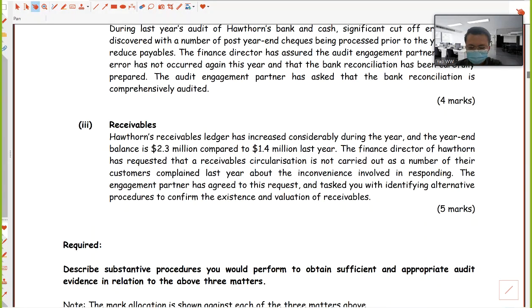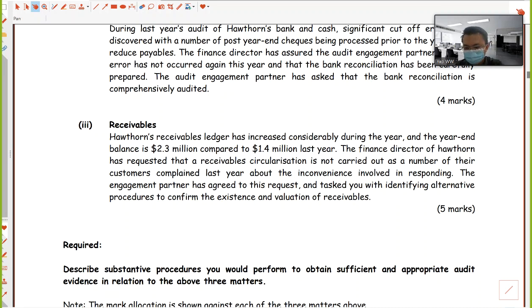Part 3, receivables. Autumn's receivables ledger has increased considerably during the year, and the year-end balance is 2.3 million compared to 1.4 million last year.